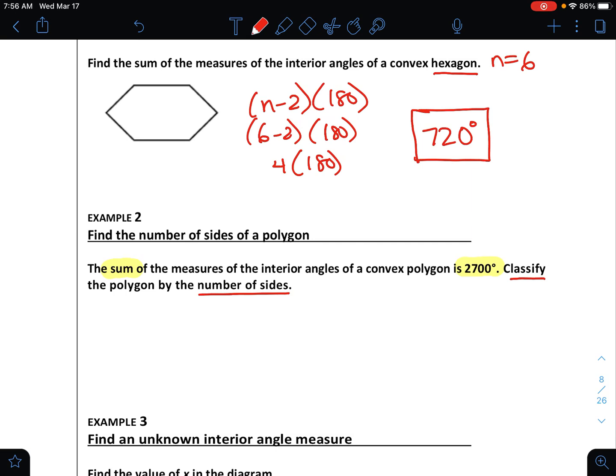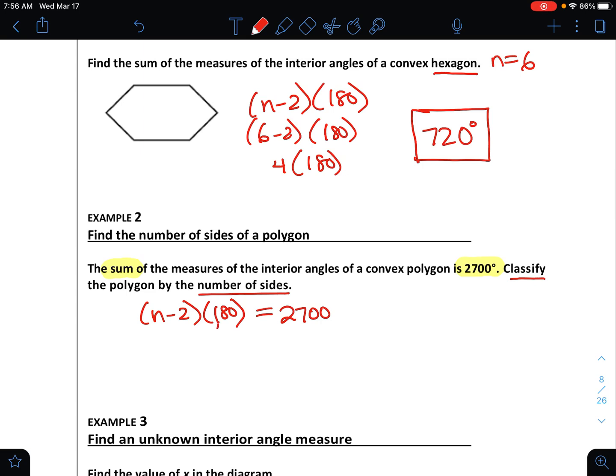Okay, so the sum of the interior measures is the formula n minus 2 times 180. I already know what the sum equals, so I could just solve this equation for n. You could do one of two things. You could distribute in 180.